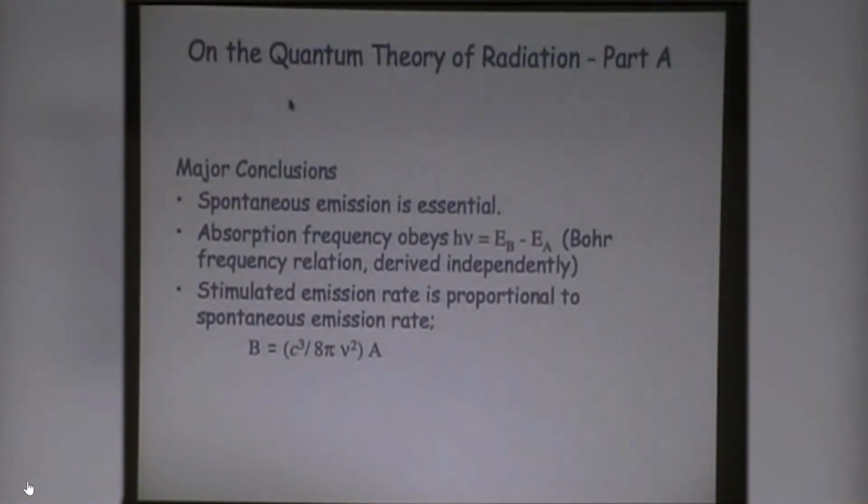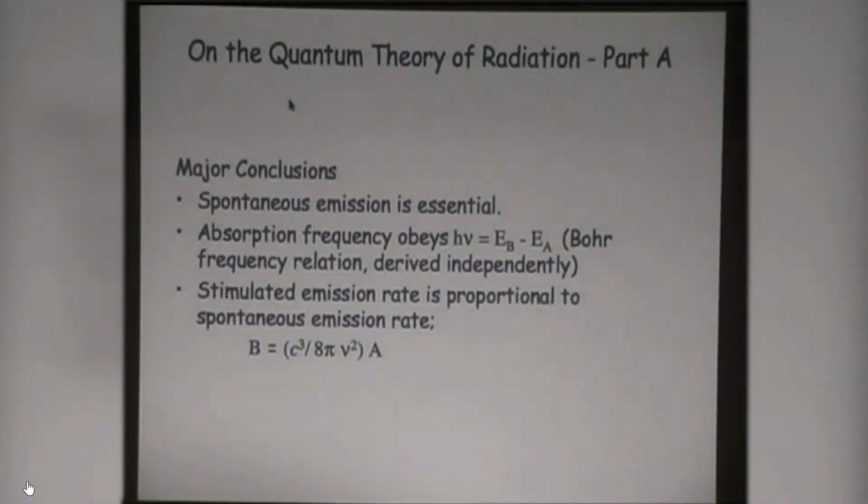Well, the conclusions of Part A, it's gone through in the notes, it's really quite simple. But the important conclusions are that spontaneous emission is essential. The absorption frequency of these atoms has to obey the Bohr frequency relation. He didn't assume the Bohr frequency relation. He showed that this had to follow from that. And he also showed that the stimulated emission rate is proportional to the spontaneous emission rate.